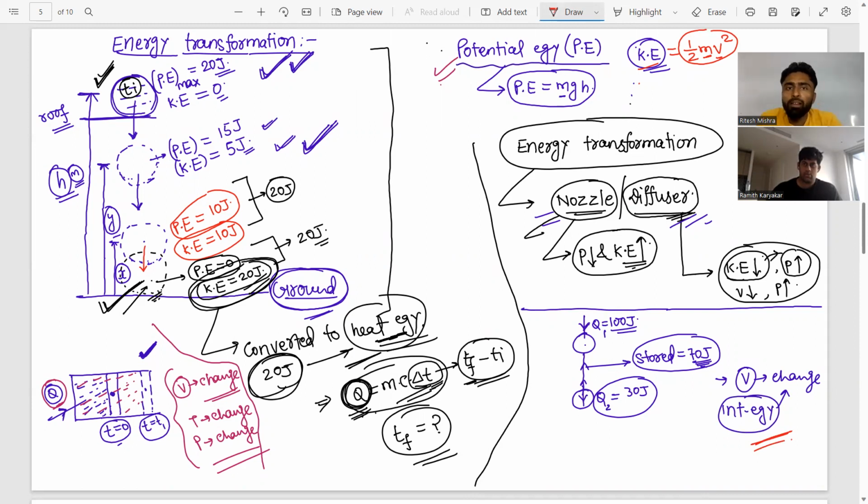So for today's session, I hope this is more than enough for you. From the next session, we will start with the system. What is system? What is surrounding? Today's session was basically about what is thermodynamics, why we study thermodynamics, what is energy transfer, and what is energy transformation.